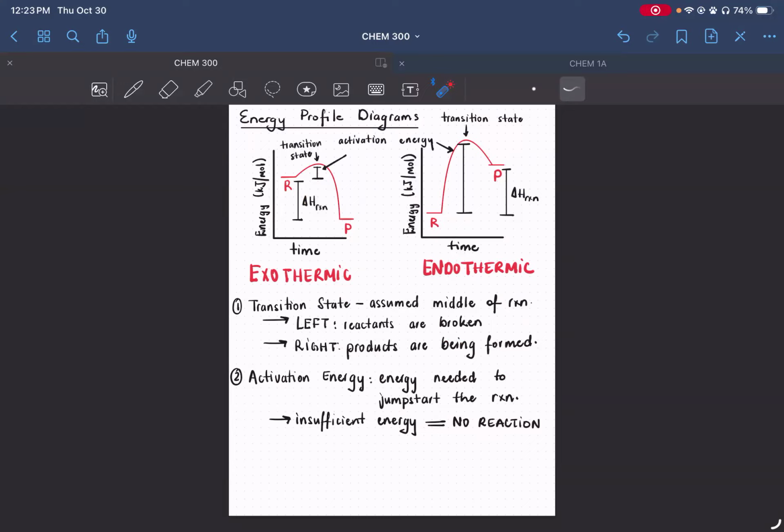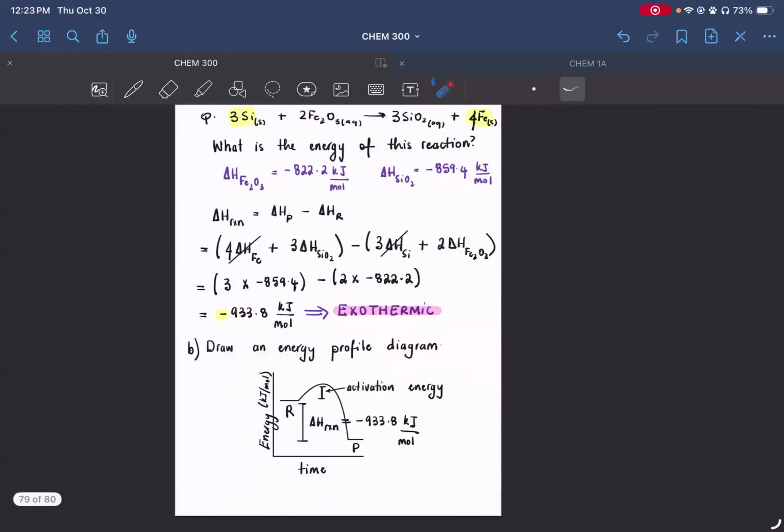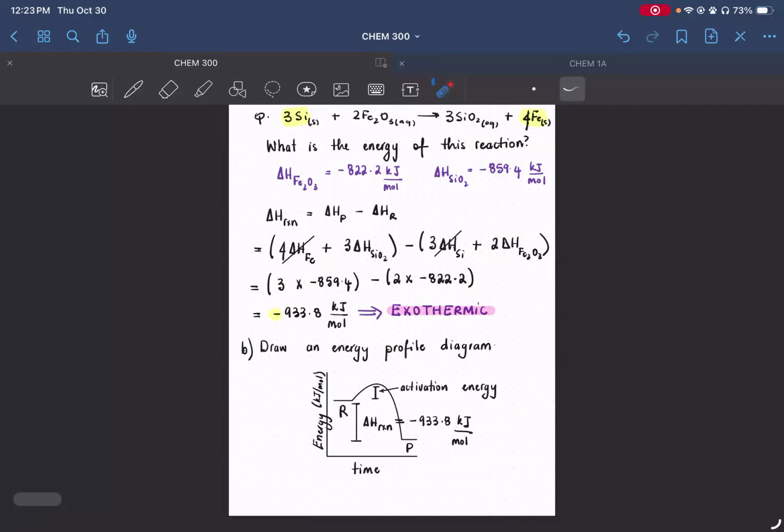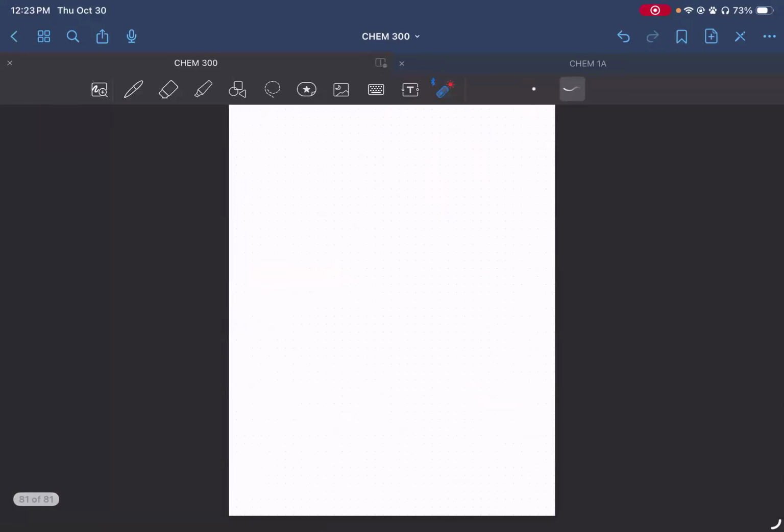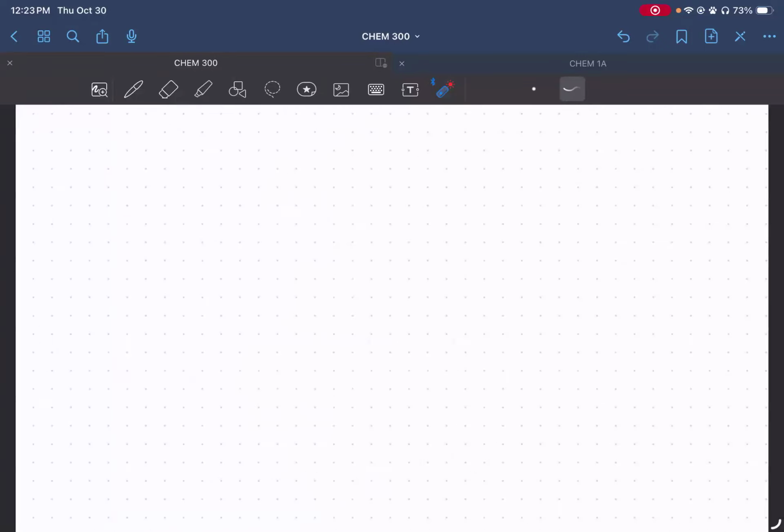Okay. We spent a lot of time talking about the theory of it all. We spent a lot of time developing our vocabulary: endo versus exo, transition state, activation energy, drawing graphs. Now let's look at the experimental side of things.